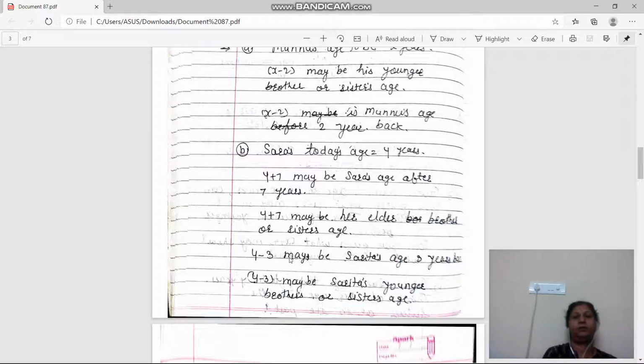Now next. y minus 3 may be Sarah's age 3 years back. Right? If today's age is y, then y minus 3 will be Sarah's age 3 years back. It is not younger brother's age. Cross it please.